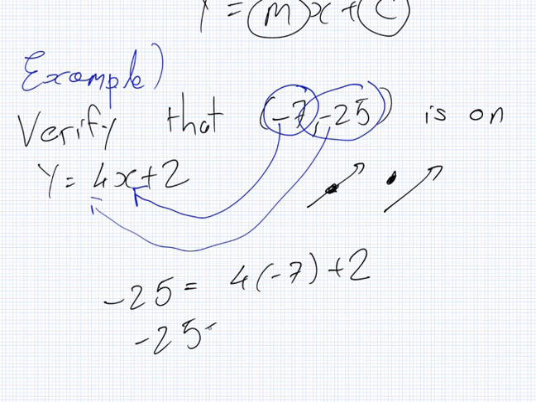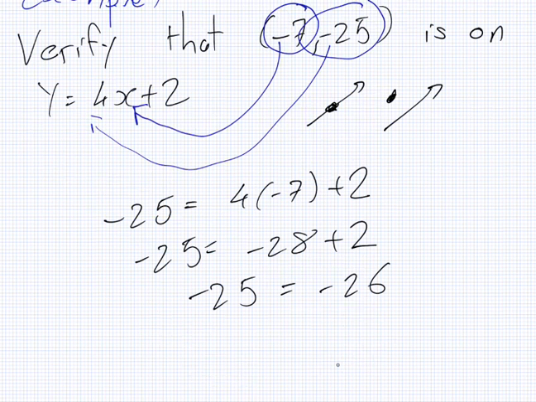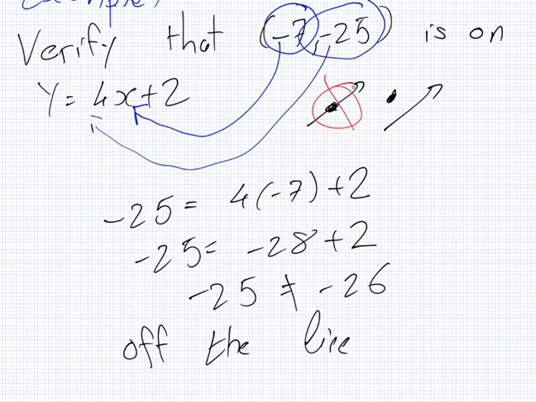Minus 25 equals minus 28 plus 2. Minus 25 equals? So is this on or off the line? Very good. This is off the line.